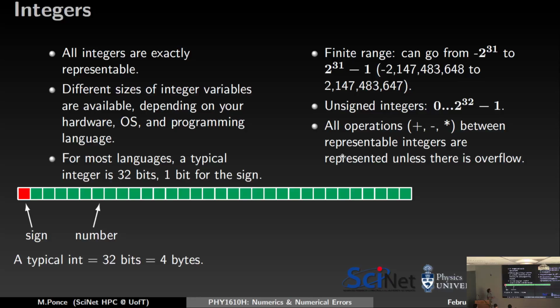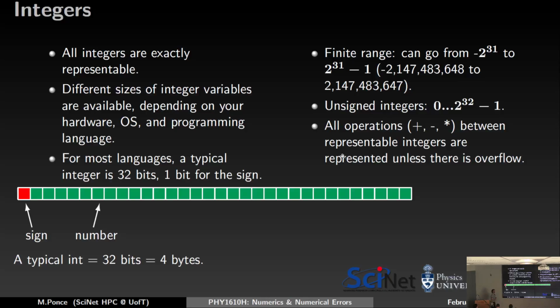In general, if you have a 32-bit computer, or 4 bytes if you wish, a typical integer will have 32 slots, where one is associated to the sign, if it is a negative or a positive number, and then the rest are just encodings, these zeros and 1 flags that I can turn on and turn off to represent the range of integers.